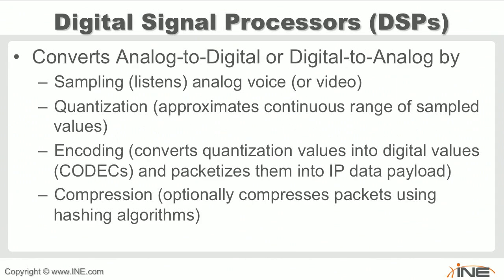So we've already mentioned what these are, but digital signal processors, DSPs, they convert analog to digital, or then again, digital to analog. So they do both the compression of the codec and the decompression of the codec at the receiving side. And we've already stated that they sample, they listen to the analog voice or video. And then they do something called quantization, which is basically approximating a continuous range of sampled values.